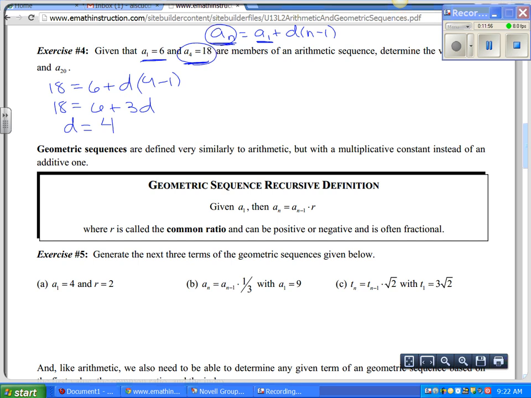So can I go and find a sub 2 and a sub 20 very quickly? Go ahead, do it very quickly. You have a formula, right? Use it.